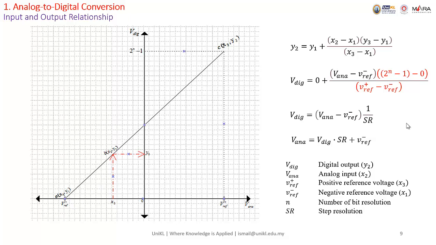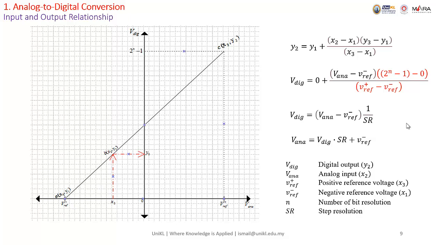For example here, V digital equal to V analog minus Vref. Okay, now assume that our Vref negative is 0, and then our SR, assume that we use 8-bit. So let's do a simple calculation.